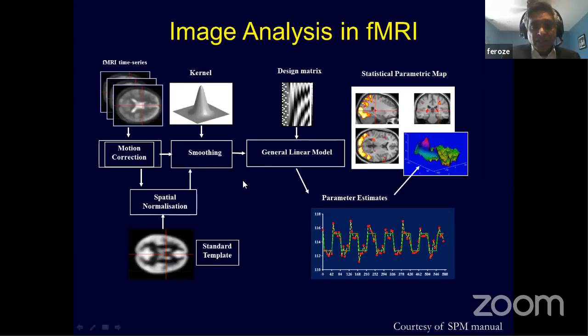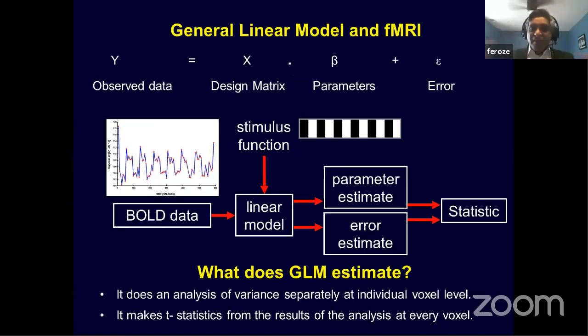So once you do the pre-processing, as I mentioned, you have to do something called the general linear model statistics. It's a very fancy term for doing regression, right? You're probably all familiar with regression. If you have two different sets of data and see how well they are correlated, that is what we call regression.